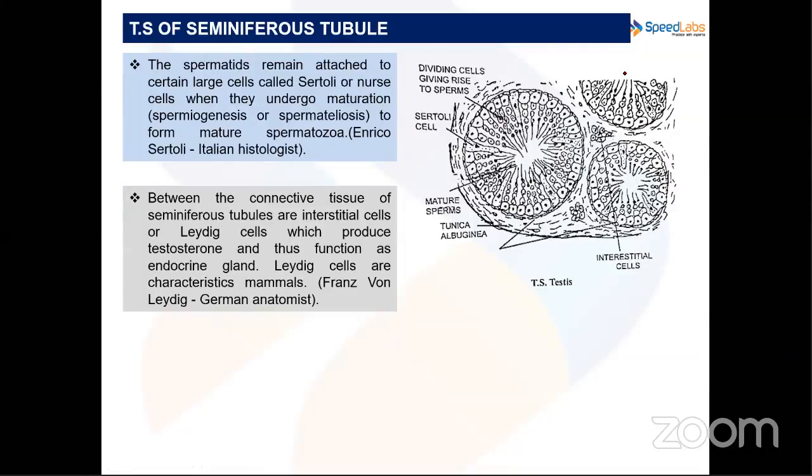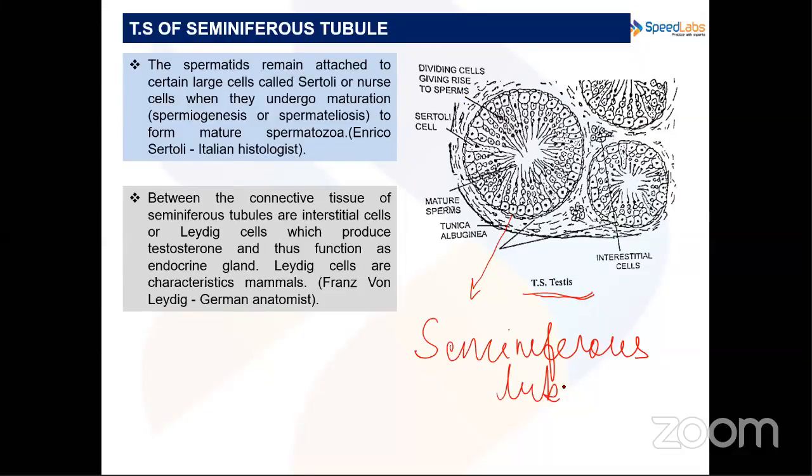Now just look at this diagram. This is the diagram where you again see the TS. You've seen the internal structure earlier, and now this is a magnified, closer view of the seminiferous tubule. So this is one seminiferous tubule. What do you have inside the seminiferous tubule? So this is testis, and this is seminiferous tubule.